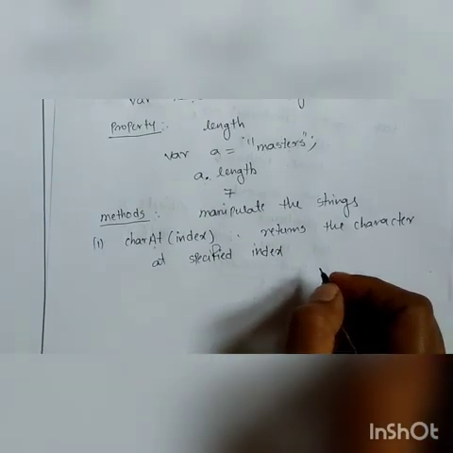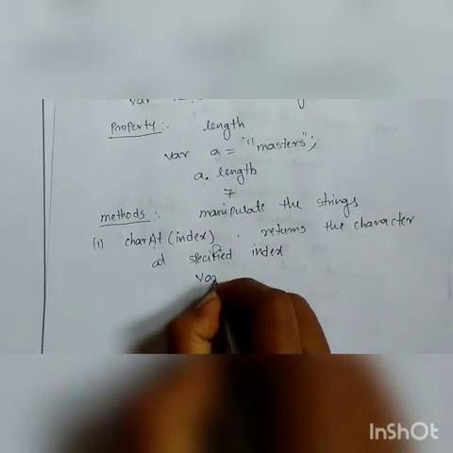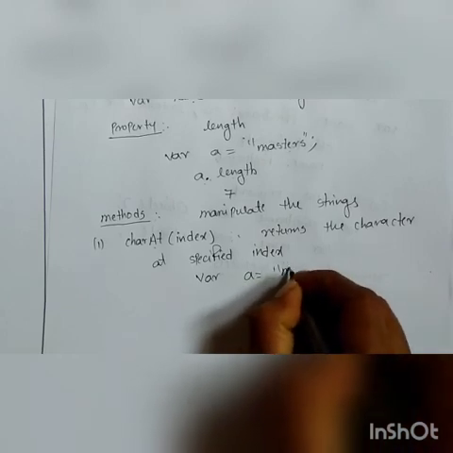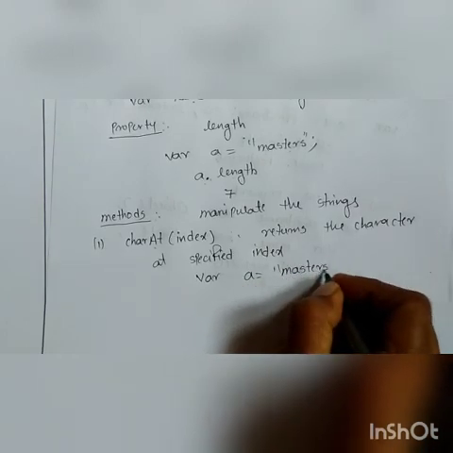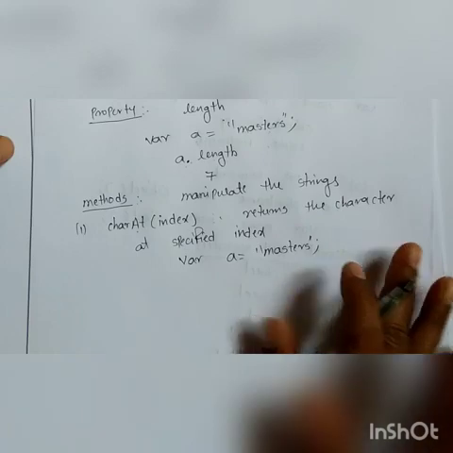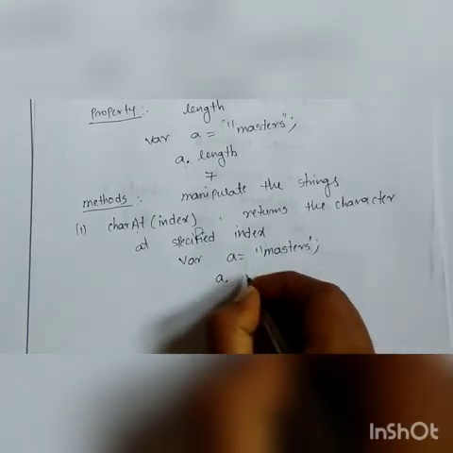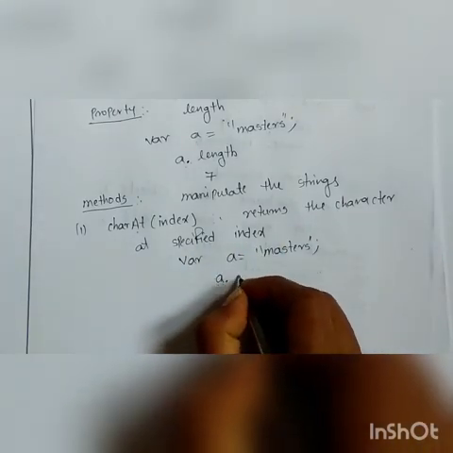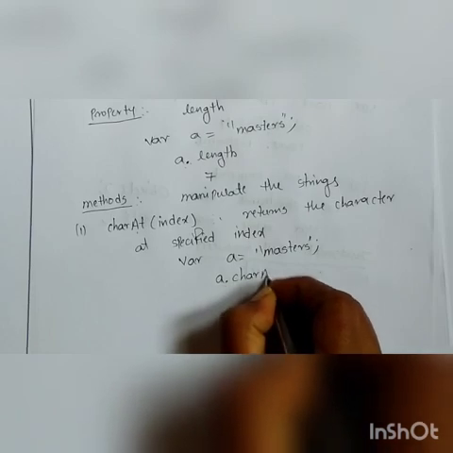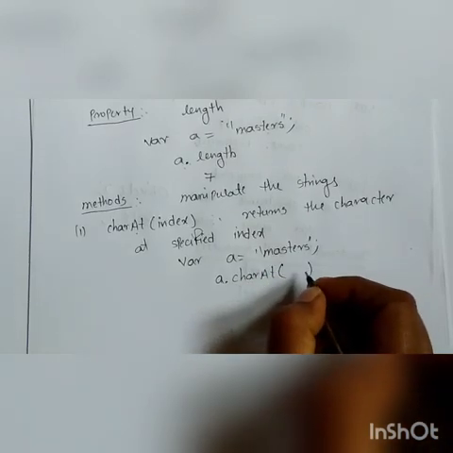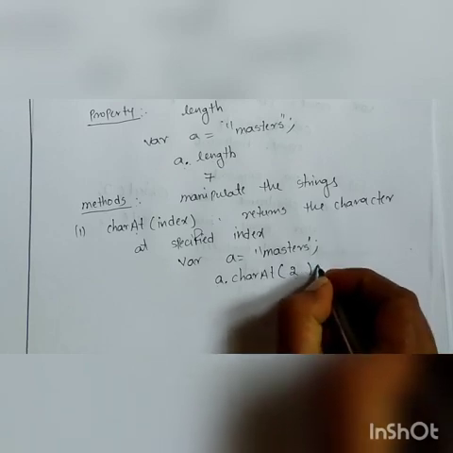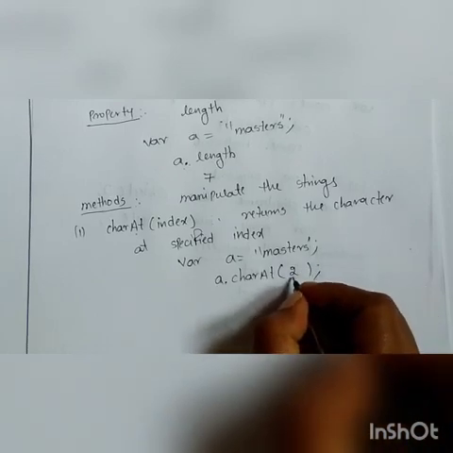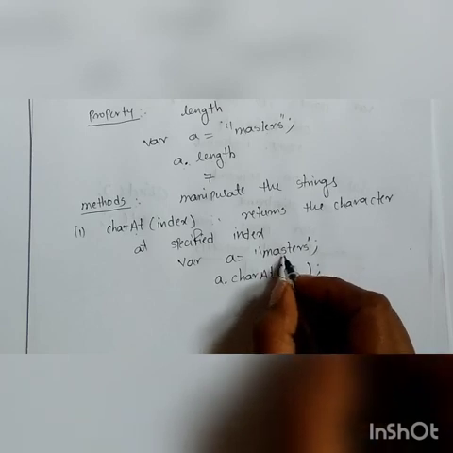So let us take one example here. Var A is equal to string Masters. I am calling the method: object name dot method name. The method is charAt, and the index is any integer number. Here I am taking the index as 2, so it returns the second character of the string.